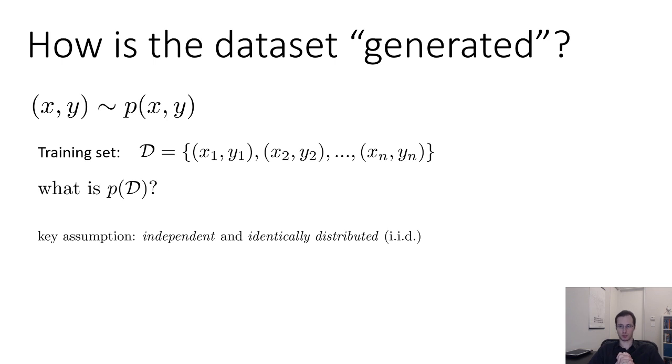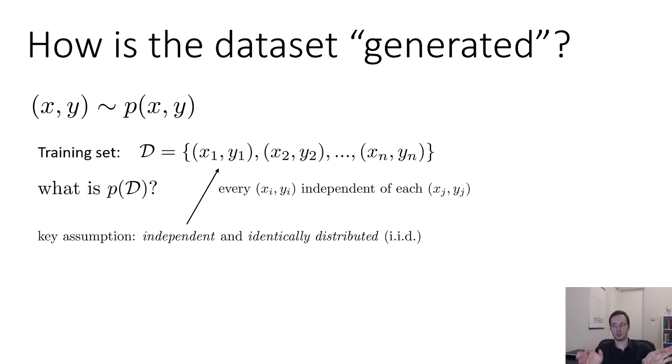The assumption we're going to make is that our data is what is called independent and identically distributed. Okay, what does this mean? Independent means that every xy tuple is independent of every other xy tuple. Meaning that if you observed a cat for x1, that doesn't change how likely you are to see a cat or a dog for x2.